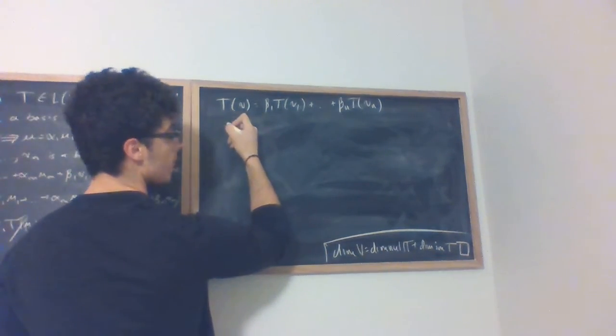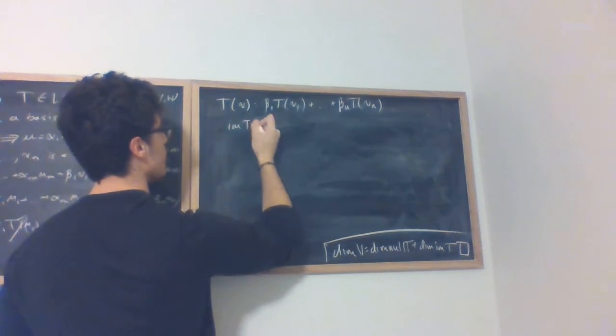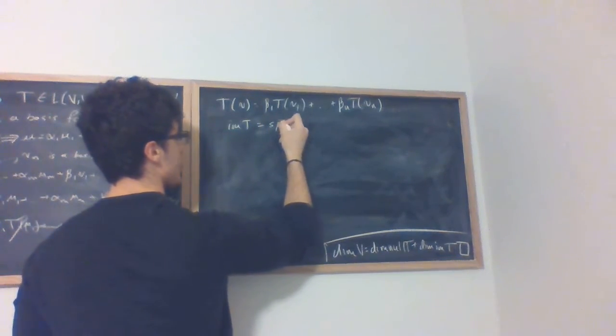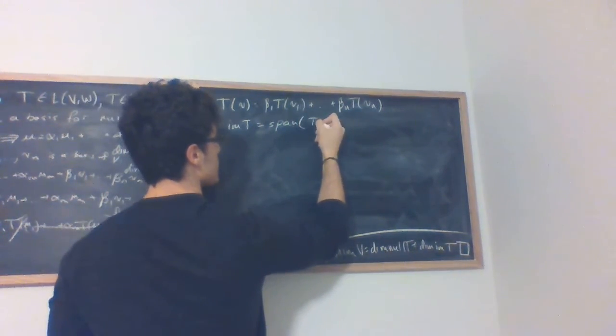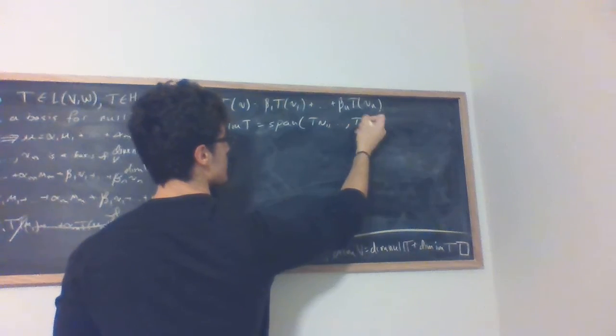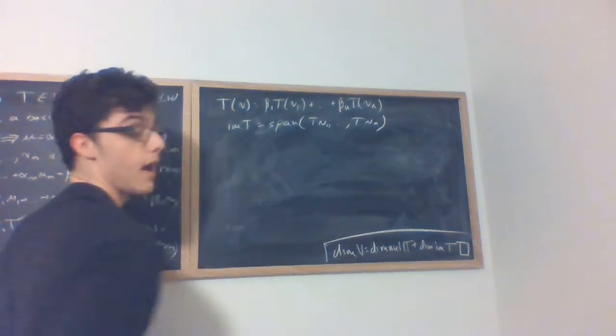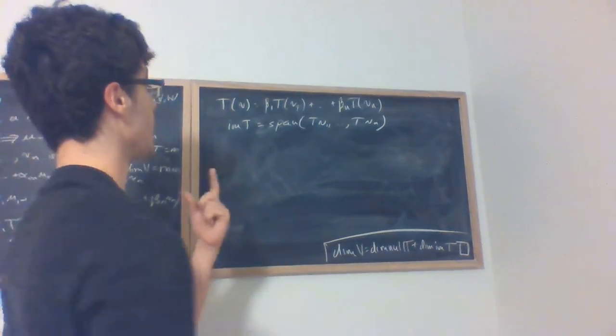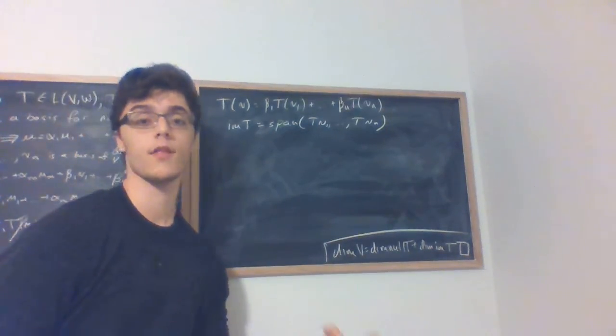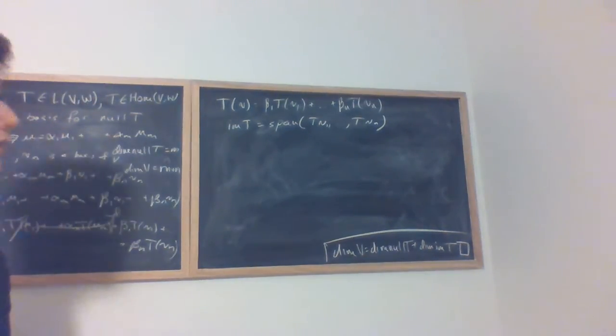Or we're just going to call it the image in this video. Image of T is equal to the span of Tv1 up until Tvn. Now that's one of the conditions for being a basis, that is that it spans the vector space. The other one is that it's linearly independent, which we will now show.